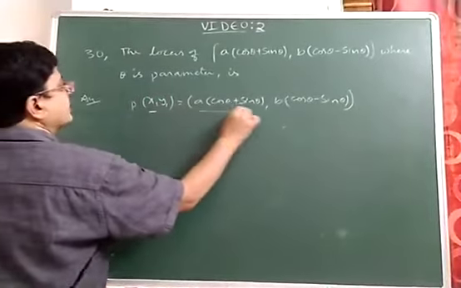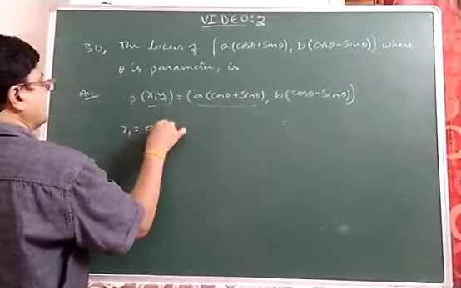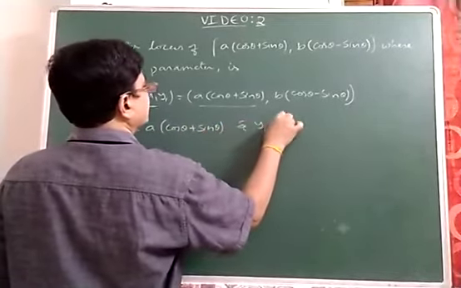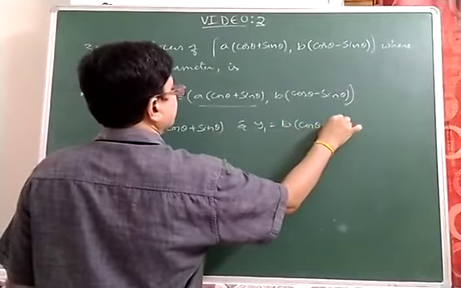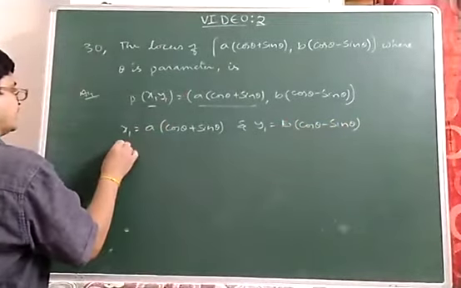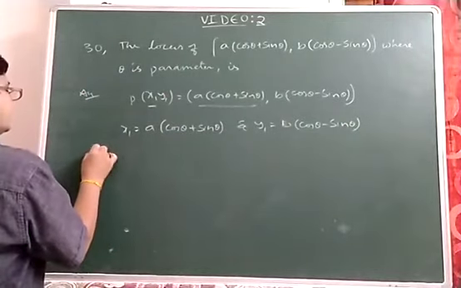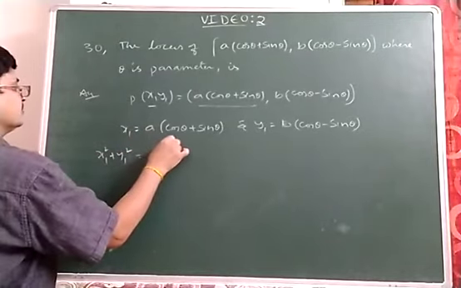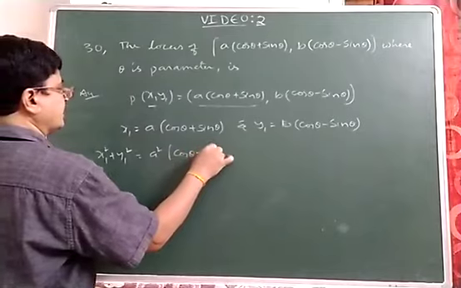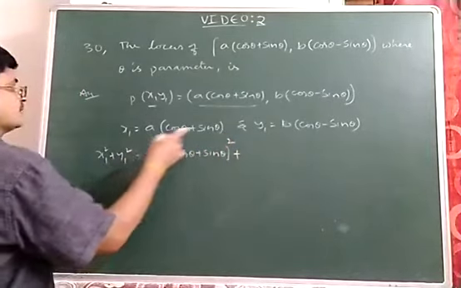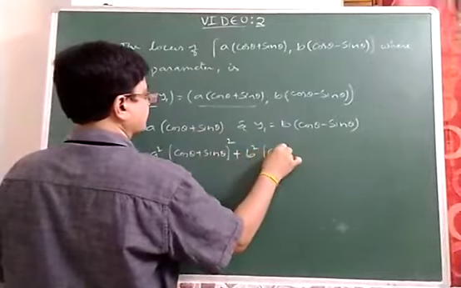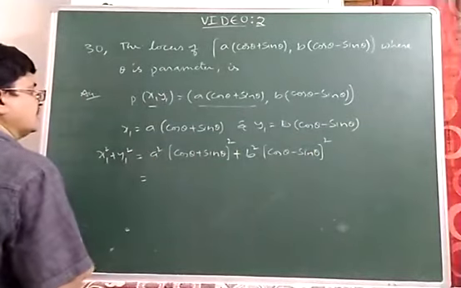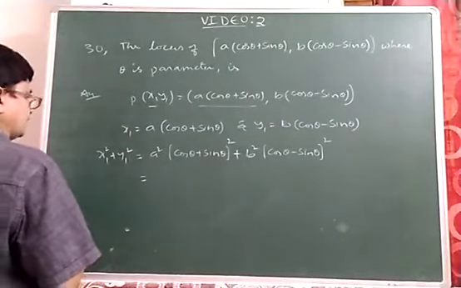So here x1 is equal to a into (cos theta plus sin theta) and y1 is equal to b into (cos theta minus sin theta). Now squaring and adding, x1 square plus y1 square. x1 square means a square into (cos theta plus sin theta) whole square, plus y1 square means b square into (cos theta minus sin theta) whole square.